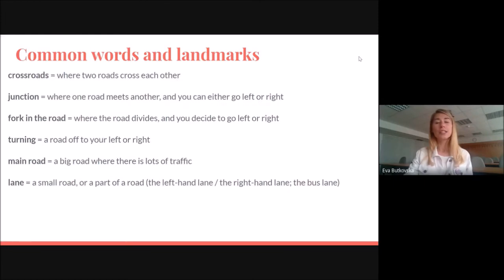And let's move on. Second slide of these common words and landmarks. So the first one is crossroads, where two roads cross each other. Does anybody know the translation? Very good. And as well, you can use the word junction.